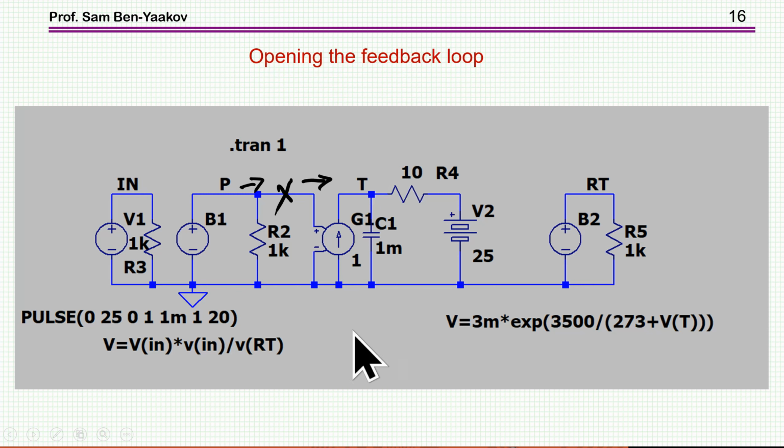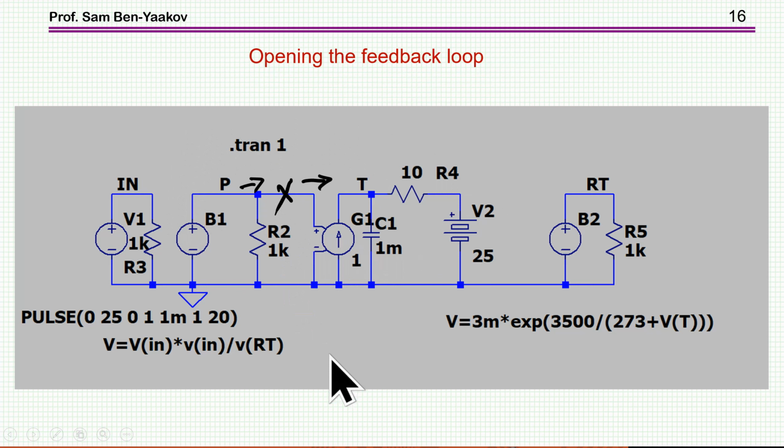I've set up this simulation circuit in such a way that we have here a very convenient point to break the loop. There's no loading here, so if I break the loop, there's no current, so therefore I'm not disturbing anything. And I could, in principle, inject the signal here and go back and see what is returning.